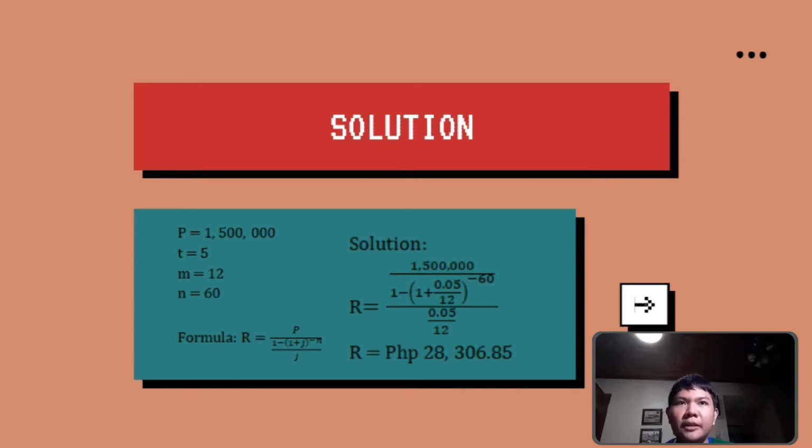By calculating the monthly payment, the result will be 28,306 pesos and 85 centavos.